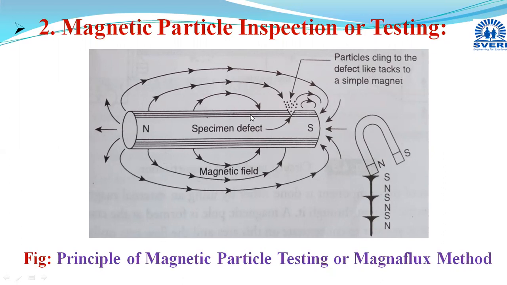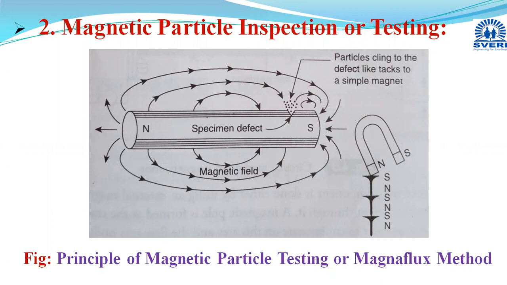And suppose the specimen is magnetized and the fine ferromagnetic powder is applied using a liquid medium like kerosene or different kinds of petroleum oils. In that liquid medium we add the fine ferromagnetic powder, and then we apply that medium with the help of a spray or a brush, or we directly dip the component in the liquid containing the fine ferromagnetic powder.